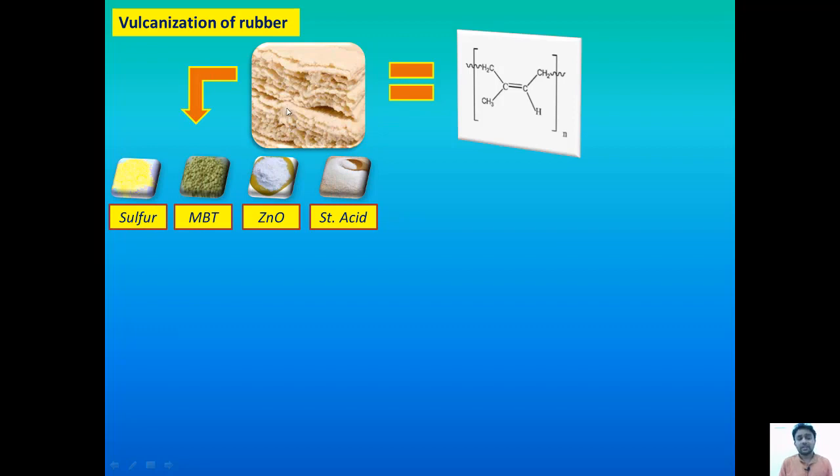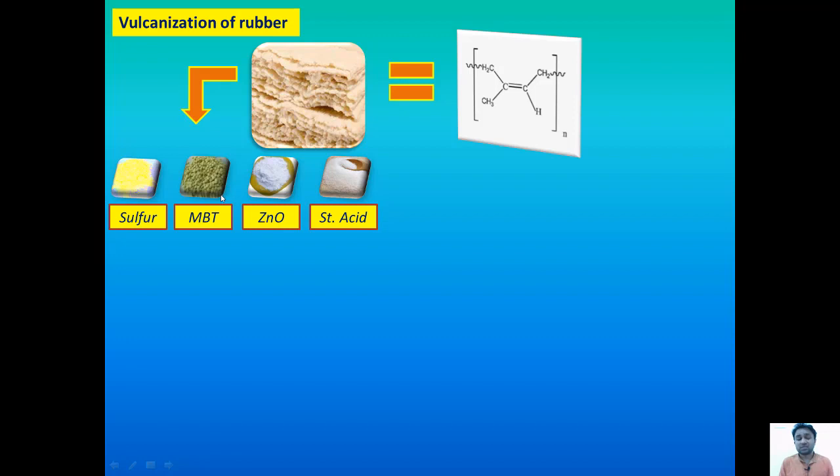What are the ingredients that we mix with our rubber to make it a vulcanizable product? Examples are sulfur, a yellowish powder which can be used to make cross links between polymer chains.